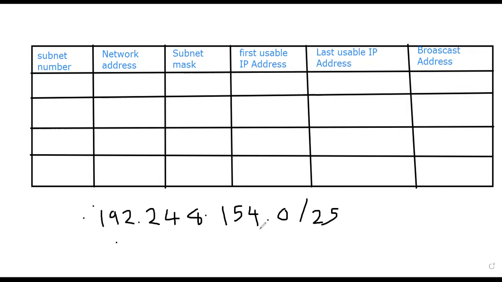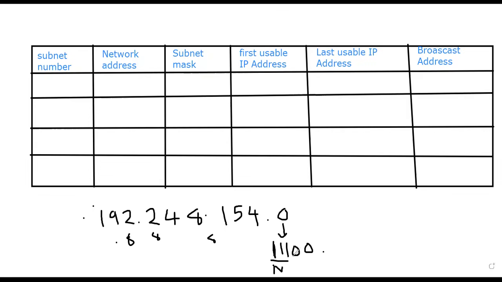Initially, if you take the IP address block, it is the way it is given: 8, 8, 8 is 24, and this one is 25. After this, to form the subnet from the remaining 7 host bits, we allocated 2 to form the subnet. Those 2 are also going to be net. So these 3 are going to be the net bits. So the remaining 5 bits will be for the host.